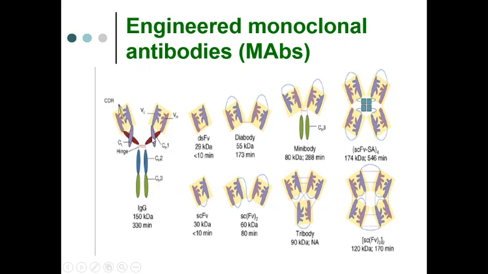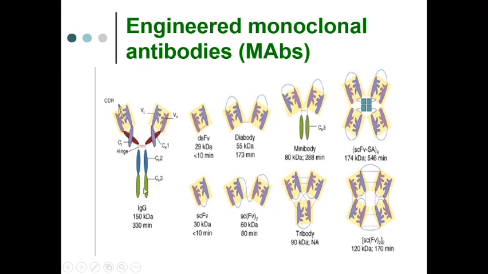Such monoclonal antibodies can be modified into smaller fragments by having exclusively only the variable region fragment. Now here, this monoclonal antibody, which has been designed having only the variable region fragment, has a molecular weight of only 29 kilodaltons and a half-life of only 10 minutes.